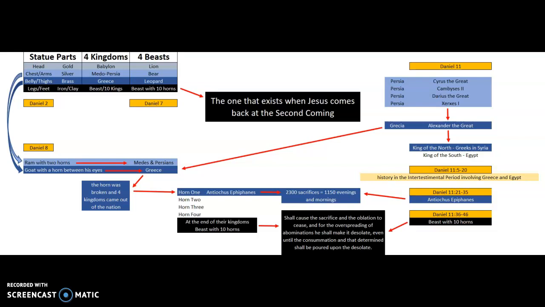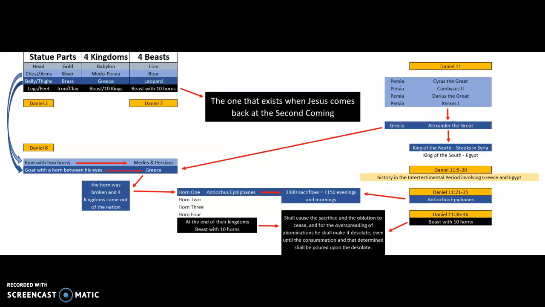That is the 400 years between the book of Malachi and the book of Matthew, between the end of the Old Testament and the beginning of the New. So Daniel 11, 5 through 20 is giving you a history of those 400 years between the Old and New Testaments. For the purpose of this video, I am not going to go through that. And I probably won't go through much of it when I actually go through Daniel 11. I will provide resources for you to see what the historical account is of those verses.